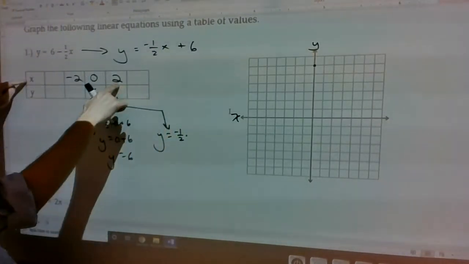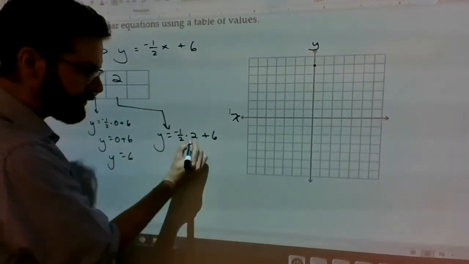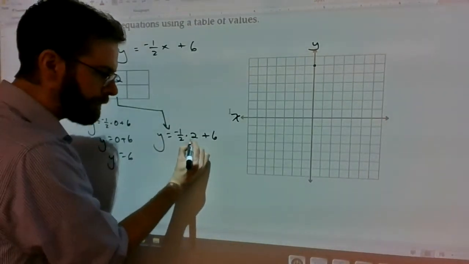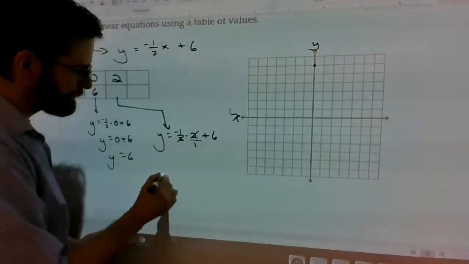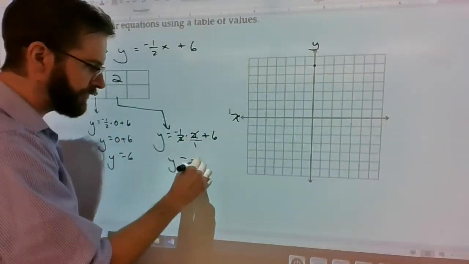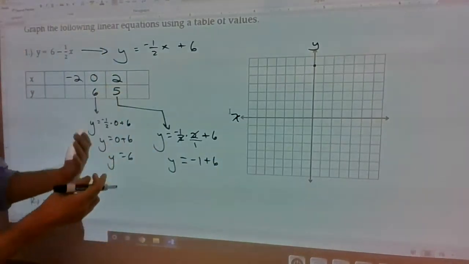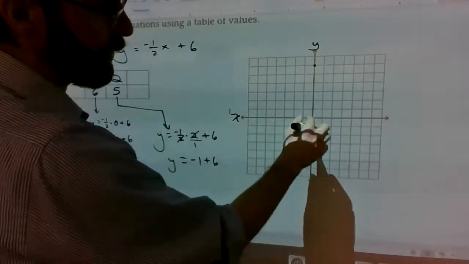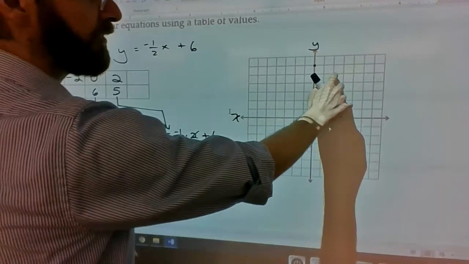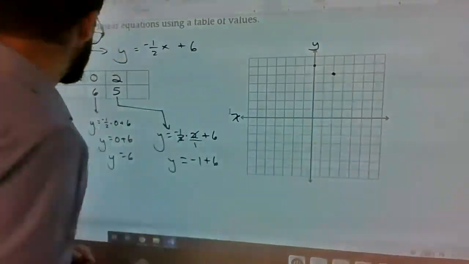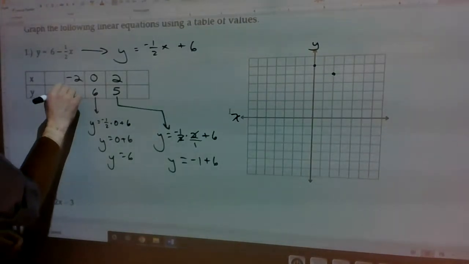Every single time, I'm going to have a multiple of 2 that cancels with the 2 down there. So this is just going to be -1 plus 6, which is 5. So 2, 5 is going to be my next point. You go right 2 units, up 1, 2, 3, 4, 5 units. And I can go left 2.